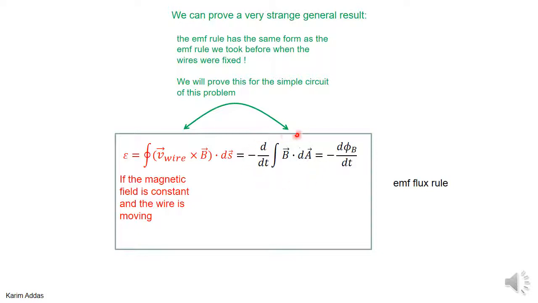Remember, this was the expression for the EMF in the previous part, when we were talking about fixed wires and a changing magnetic field. And it's really strange that you can prove that the EMF is also equal to minus d by dt of the magnetic flux in this case, where the magnetic field is constant and the wire is moving. We're going to prove this equivalence for the simple circuit of this problem, but in general you can prove that these things are equal.